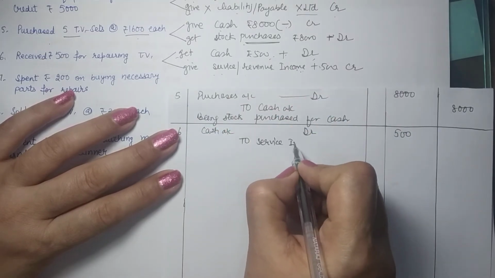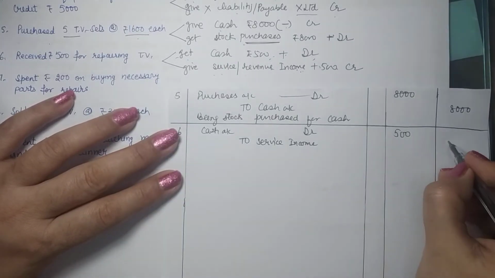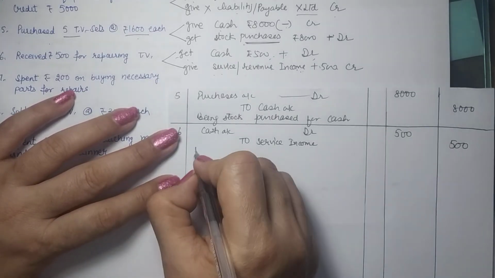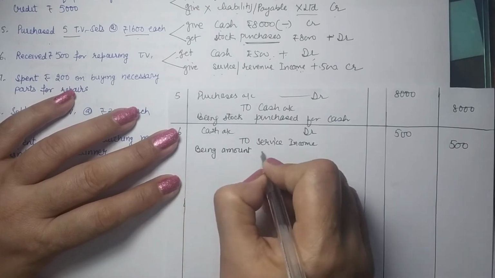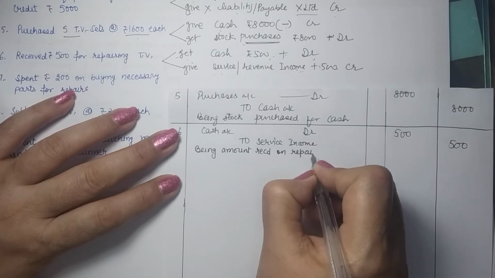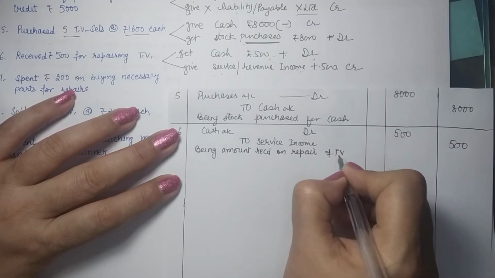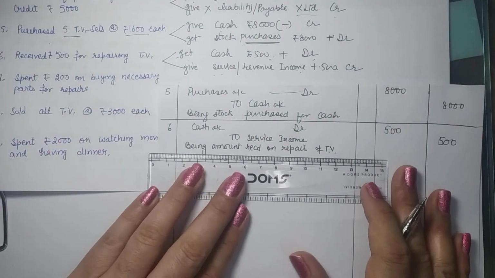You can give it a name of your choice. You can call it repair income. Okay, 500 rupees. So what is this? Being amount received on repair of TV. So you received it on the repairs. So it is your income.